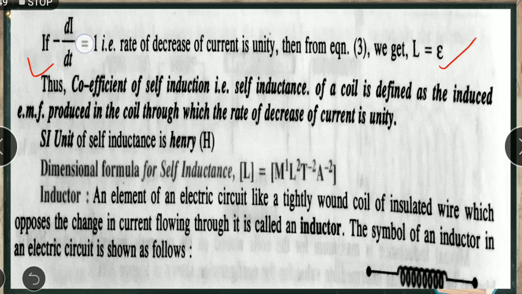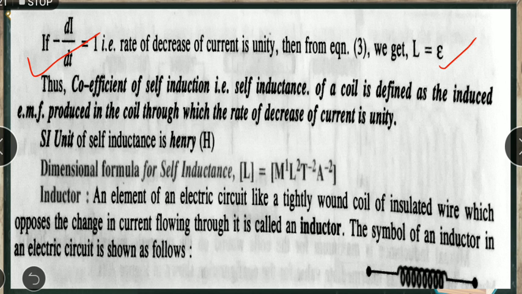So they have considered minus dI by dt is equal to 1. Negative sign indicates it decreases the rate of current. So L is equal to E, if the rate of change of current is unity and is in the decreasing manner.